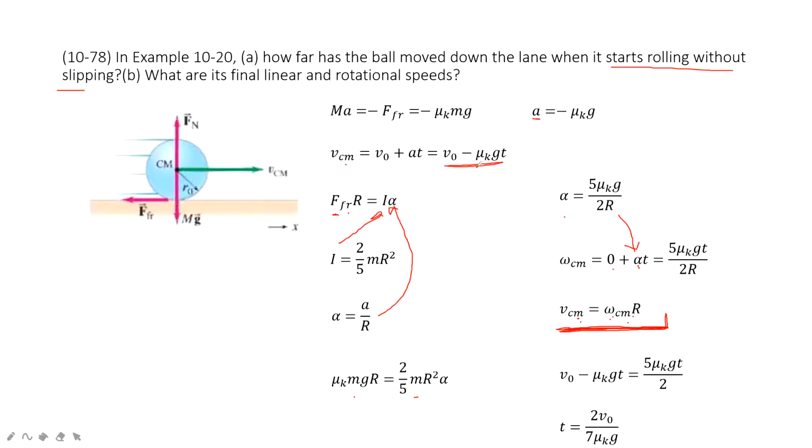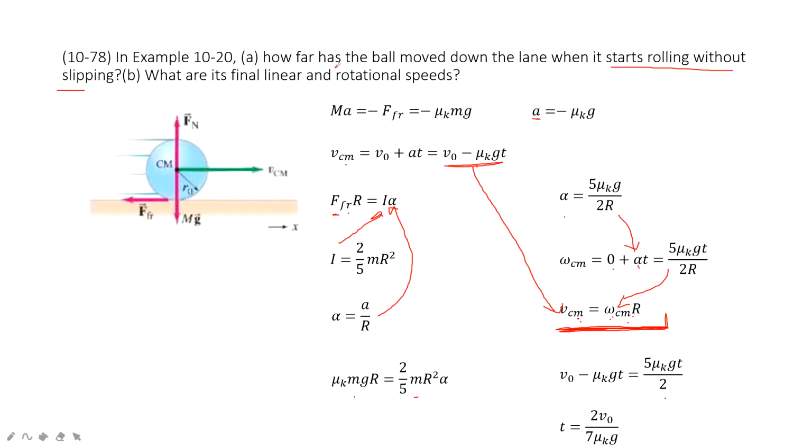So you input omega there and get a function like this. Then you solve for the time. You get how much time it takes for the ball to go from stationary to start rolling without slipping, right?